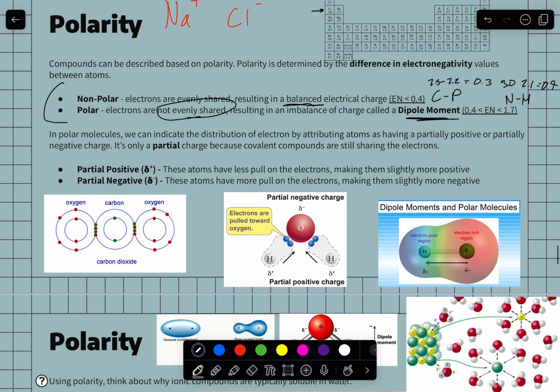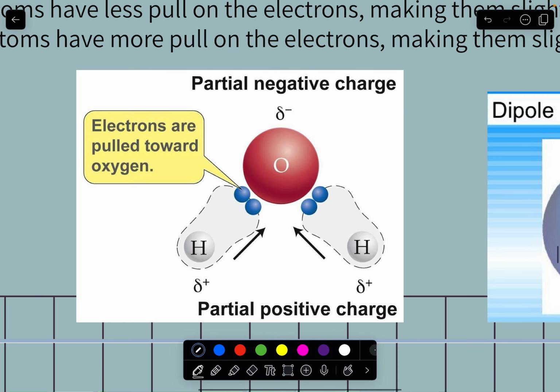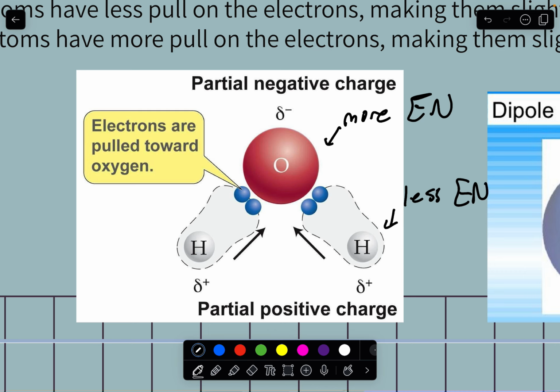Okay, so if we look at H2O, right, we know oxygen is more electronegative, hydrogen is less electronegative. So the more electronegative is going to pull the electrons closer to it. So our electrons are going to be a lot closer to oxygen than they are from hydrogen. That makes our hydrogens a little bit more positive.